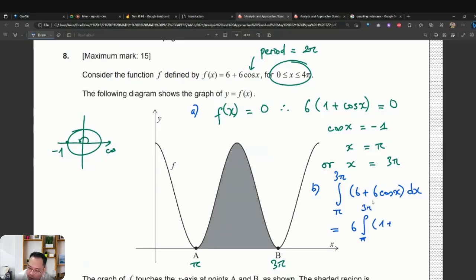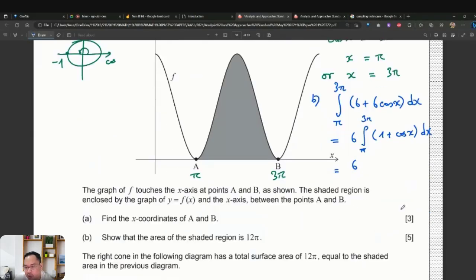Inside is 1 plus cosine x dx. And then I split the two integrations, or if you already practice enough with the integration, you can quickly determine this integration to be x plus sine x, from pi to 3 pi, and then plug the value into this.